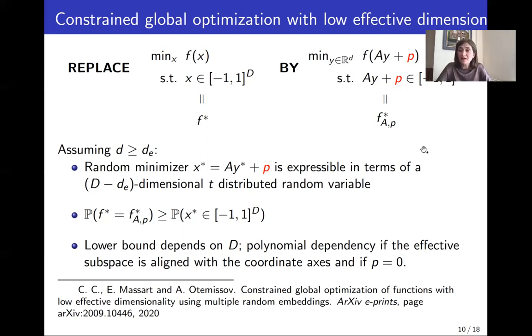And because the probability of success of the reduced problem depends on big D, we need to draw multiple random embeddings. So it will not be sufficient to do just one random projection, but we have to do multiple to increase the chance of our success. And this is why this P will come in as useful.